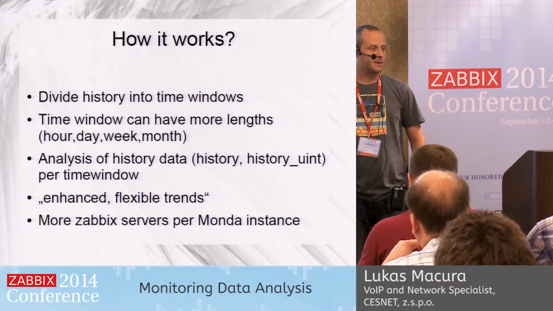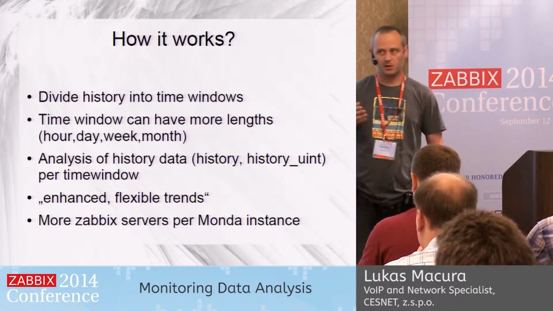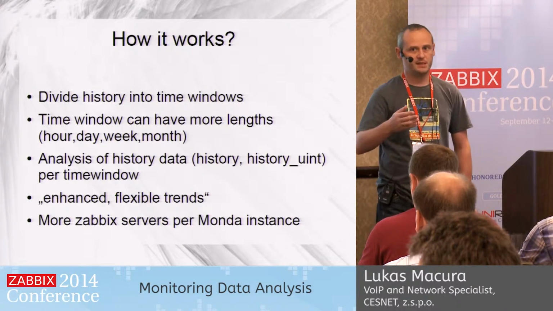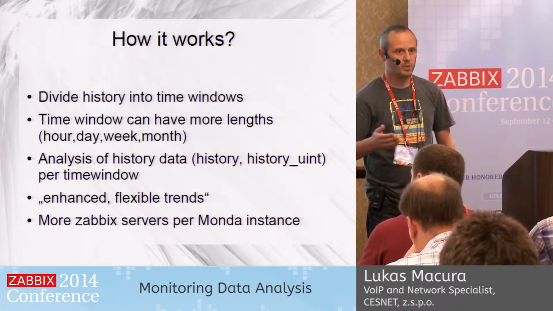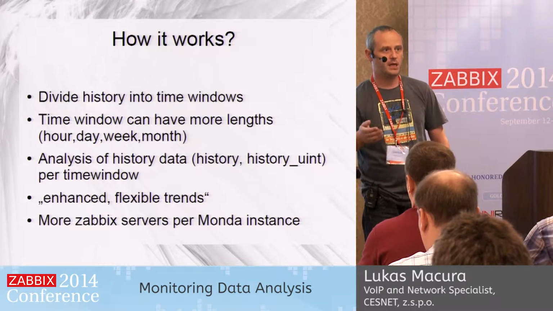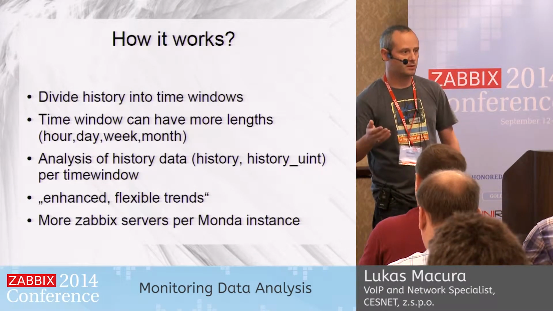So, how does it work? Let's divide history into time windows. A time window can be something related to trends, but trends are for 1 hour only. Time windows in Monda have flexible length. Today they are 1 hour, 1 day, 1 week, 1 month.